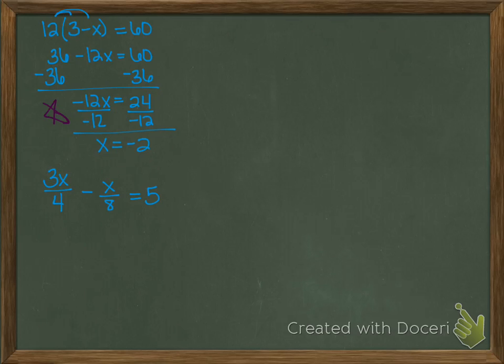The third example that I have for you, you're going to be dealing with some fractions, so I just want to make sure we're comfortable with this. So 3x over 4 minus x over 8 equals 5. Okay. Well, we don't have parentheses that we need to distribute, but combining like terms, notice I have 2 x's.